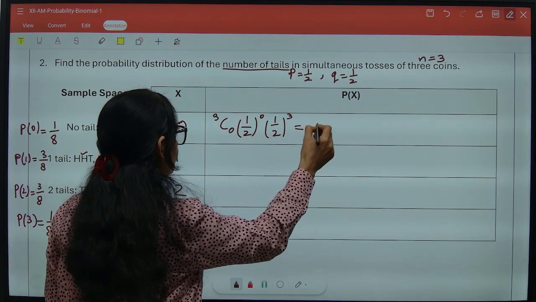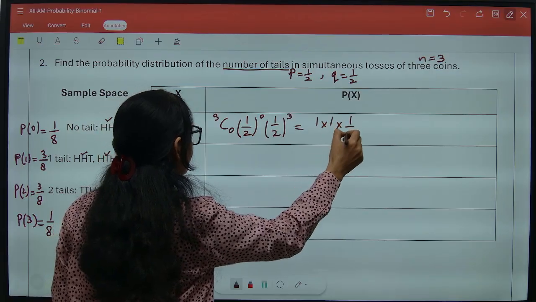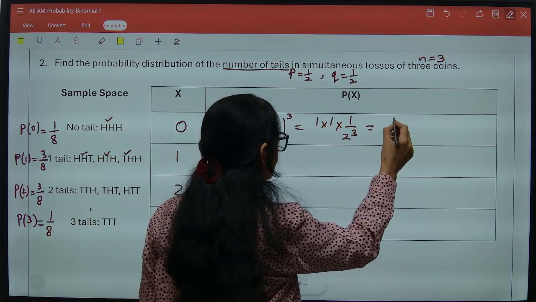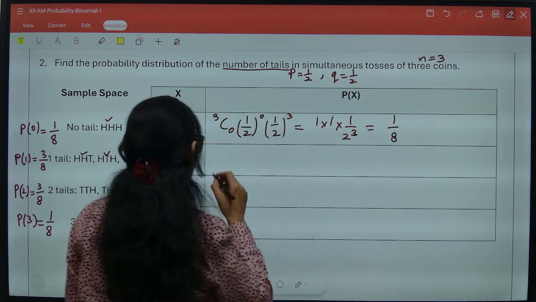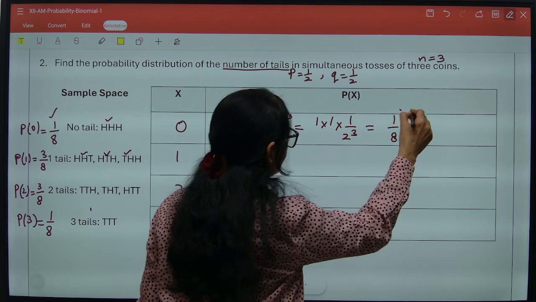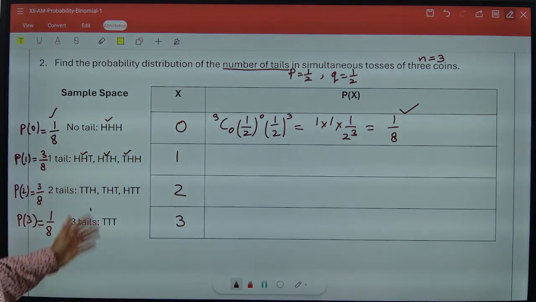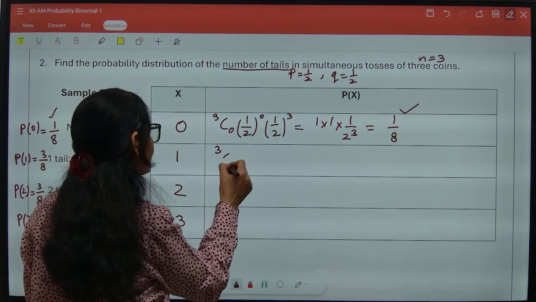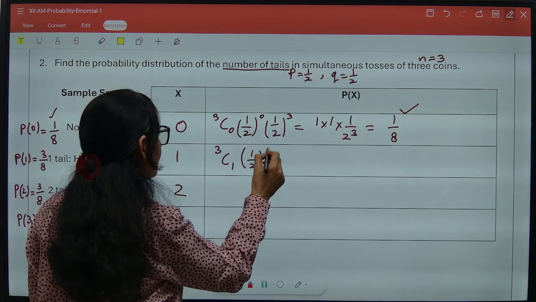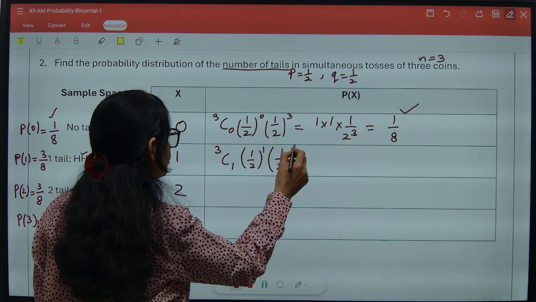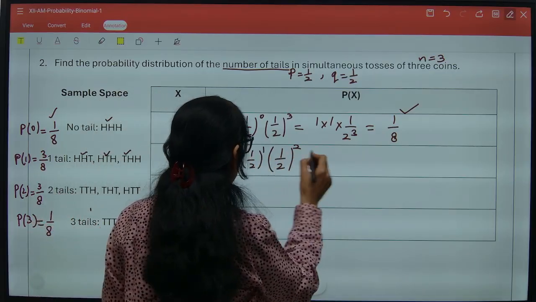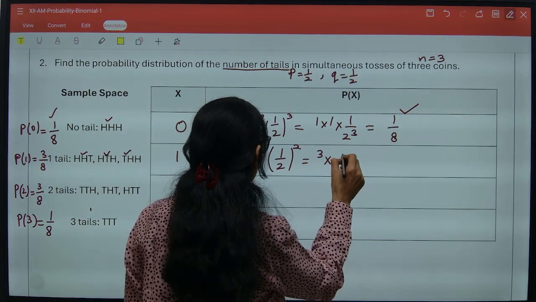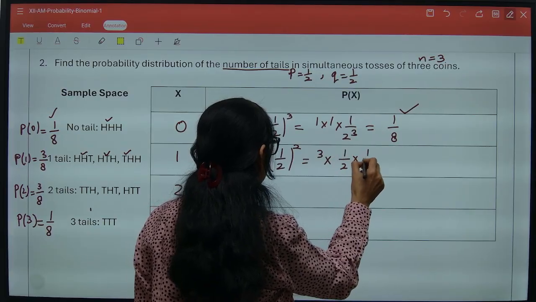So this comes out to be 1 into 1 into 1 by 2 cube, which is 8. So that means the probability is 1 by 8. We got the same answer, 1 by 8 here and 1 by 8 here. Same? Yes. Next, 3C1, 1 by 2 to the power 1, 1 by 2 square. So this becomes 3 into 1 by 2 into 1 by 2 square.